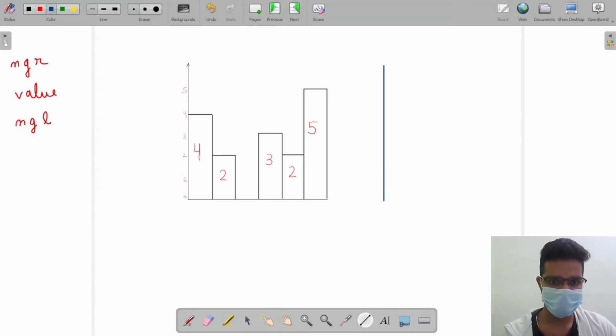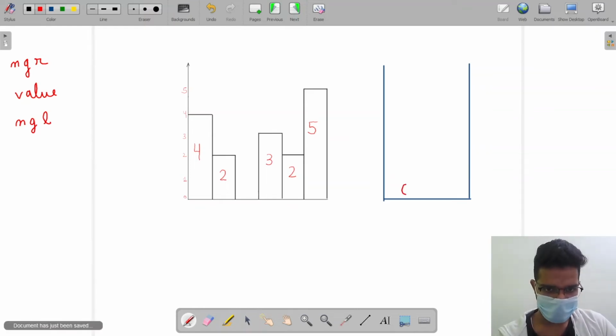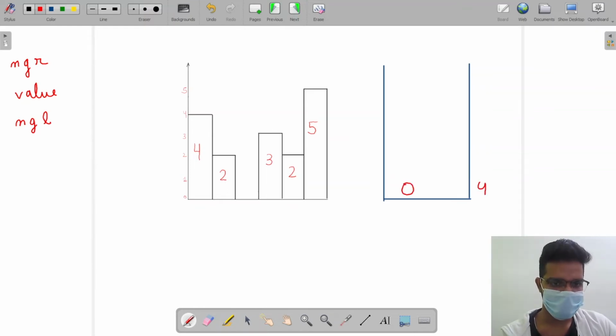So here is my stack. Let me erase it. Perfect. So first I see that here is 4, so I'm going to push its index and value. Here I'm going to write index and value.